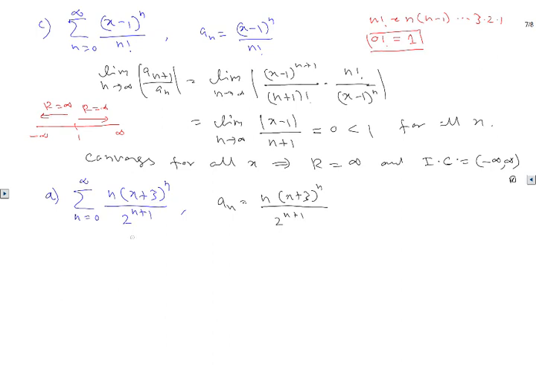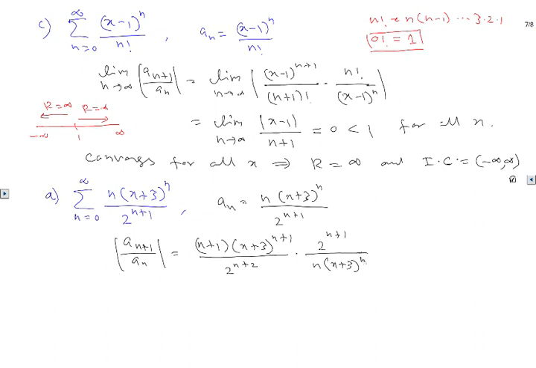So I'm going to do this in a slightly different way. We're going to only look at the ratio, n plus 1 over n, absolute value. So let's plug in here. This is going to be (n plus 1)(x plus 3) to the n plus 1 over 2 to the n plus 2, and then we make it upside down, n (x plus 3) to the n.